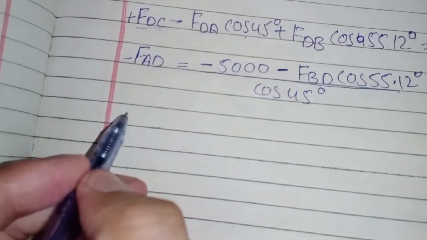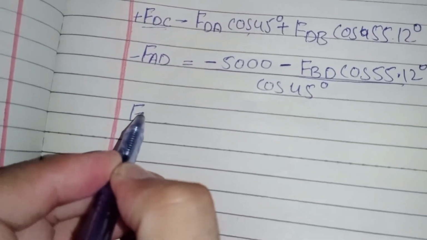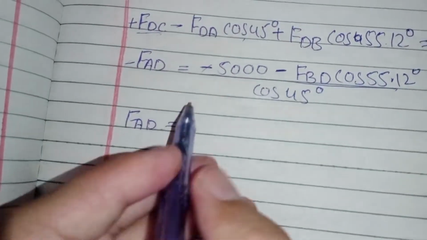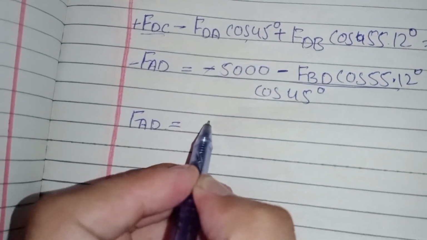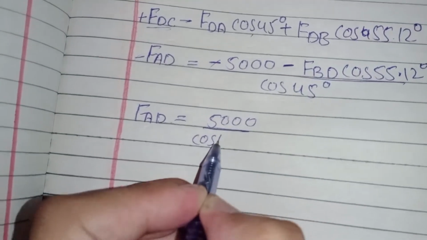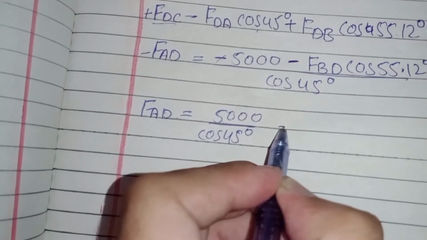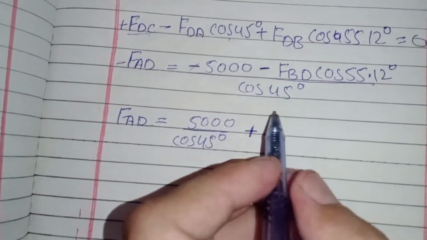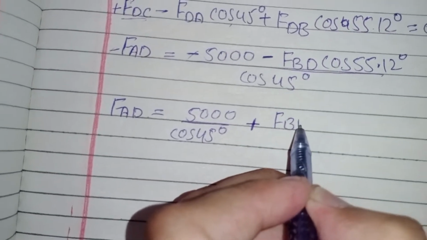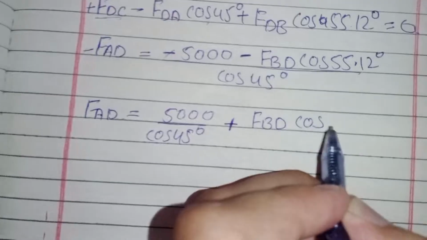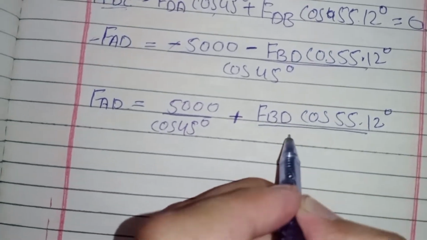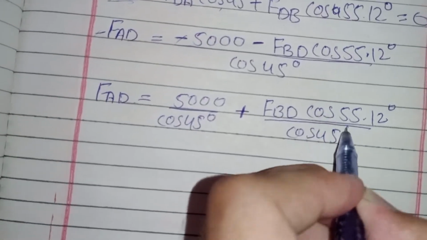And I can write it as FAD equal to, negative will cancel to all, 5000 divided by cos 45. Plus positive FBD cos 55.12 divided by cos 45.